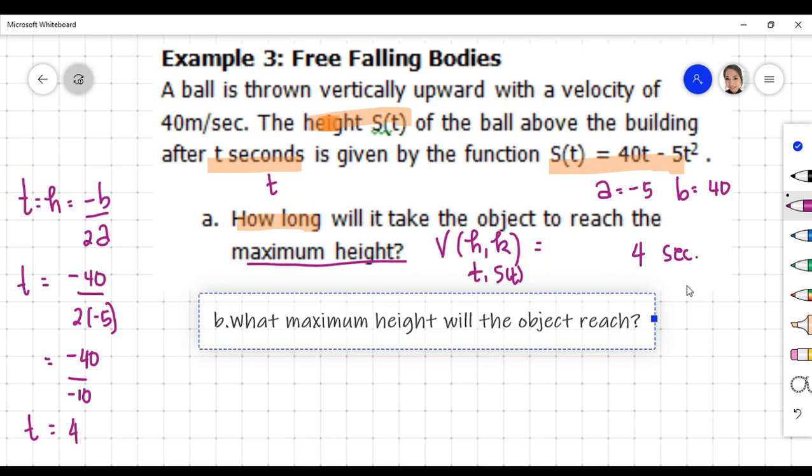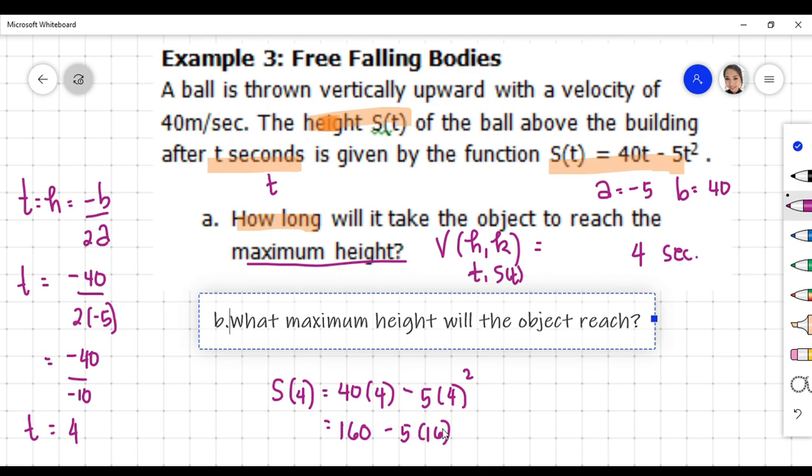Next, what maximum height will the object reach? So at 4 seconds, ano yung maximum height niya? So we will just substitute 4 to our formula s of t. So 4 na yung t natin. So 40 times 4, this is our t, minus 5 times 4 squared. This will give us the maximum height. So 40 times 4, that is 160 minus 5 times 16.